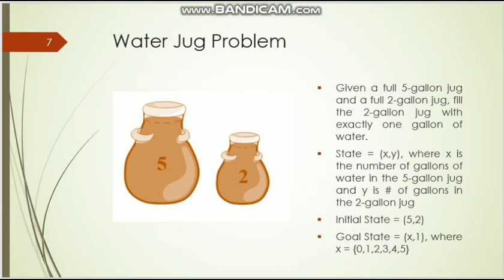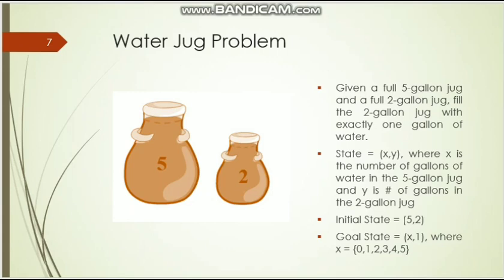So here we can see that two jars are given. One is a 5-gallon jar and the second one is a 2-gallon jar, right? Initially both the jars contain full water, and in the jars there is no mark of any kind.